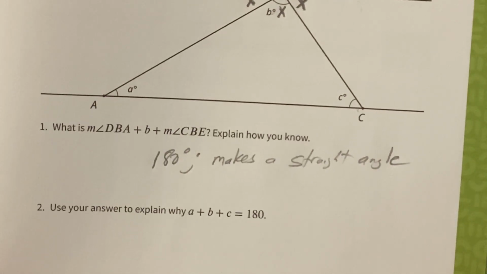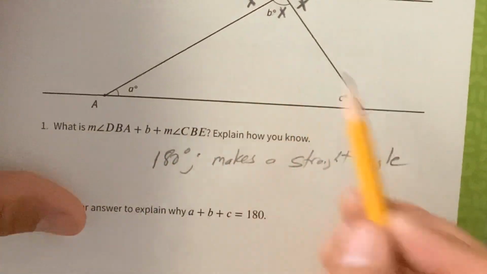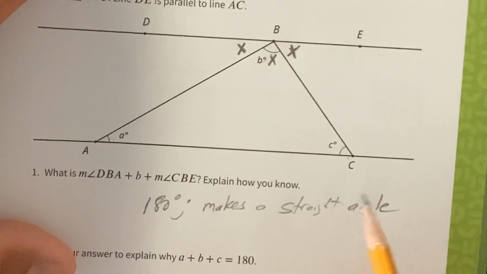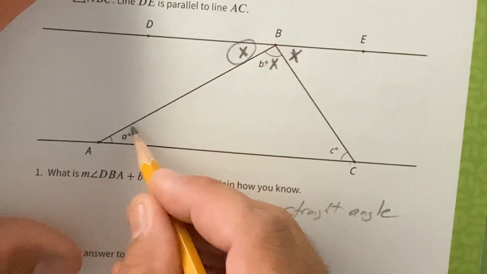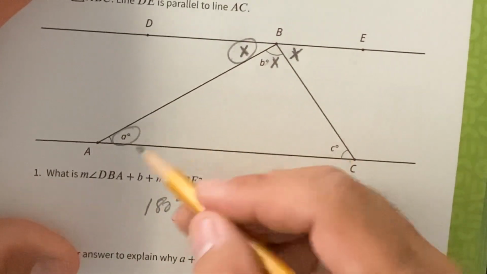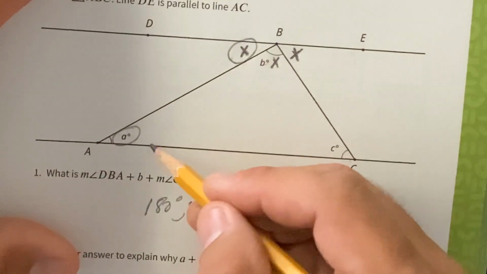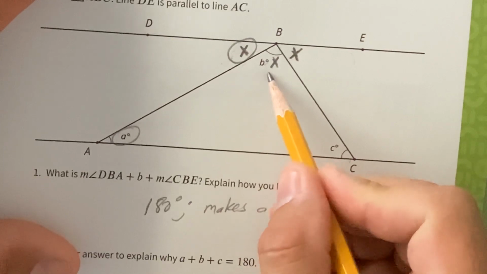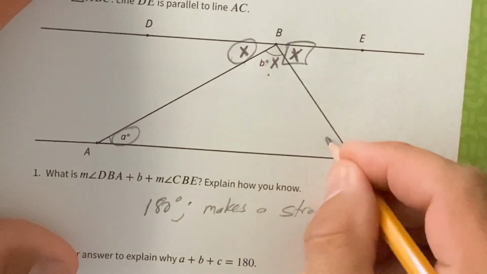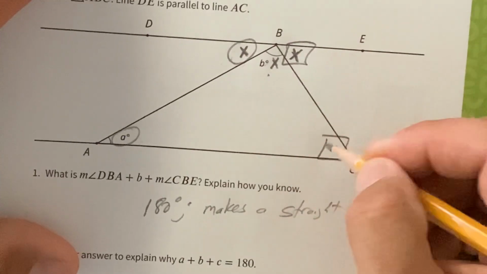Okay, it says use your answer to explain why A plus B plus C equals 180. Okay, A, B, and C are here. Well, I know these 2 angles are equal because alternate interior angles. B obviously stays the same. And I know these 2 angles are equal because alternate interior angles.